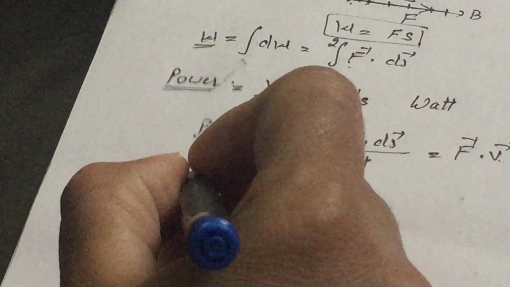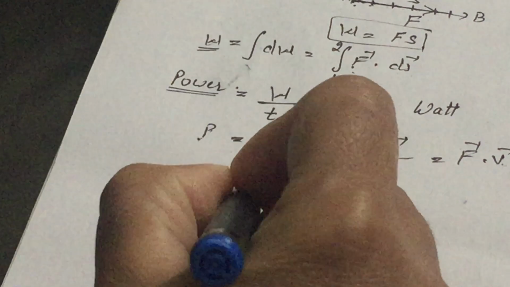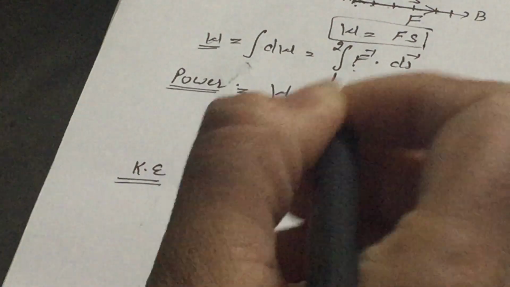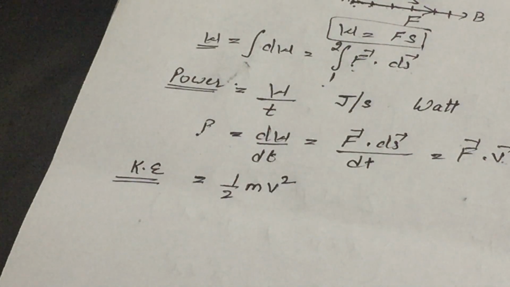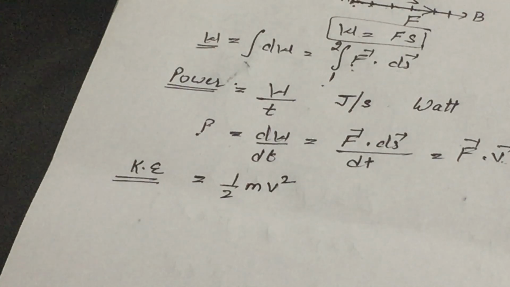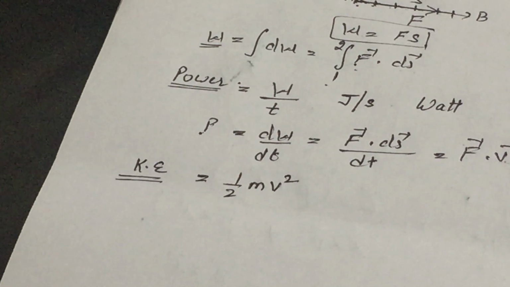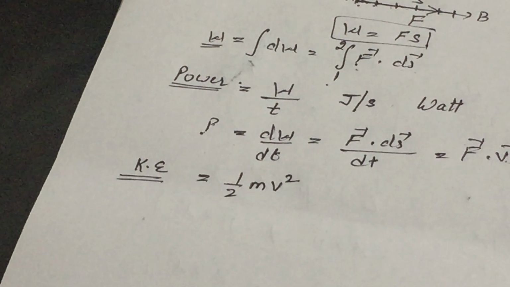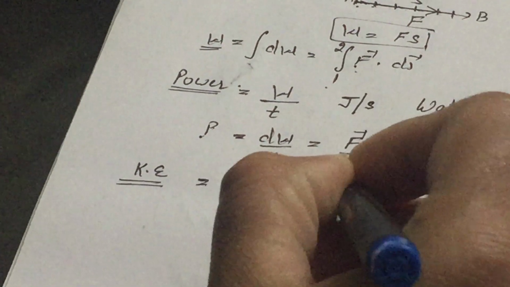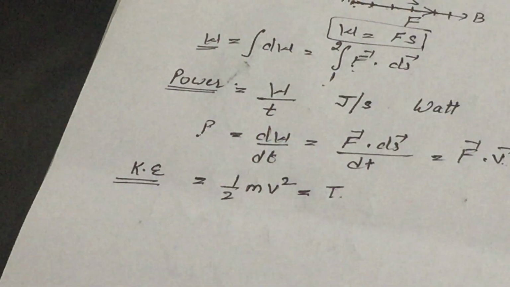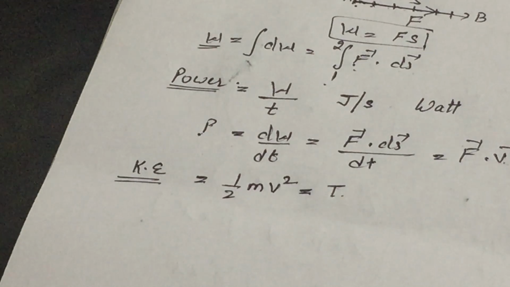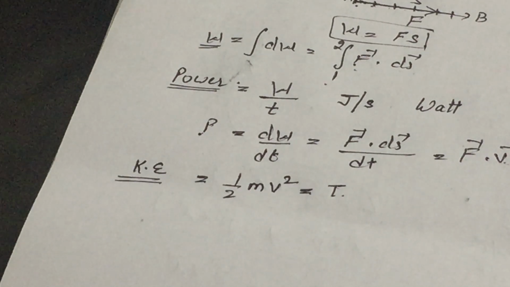Kinetic energy is given by half of mass and square of the velocity. That is the formula: T, or kinetic energy, is equal to half mv square. In many reference books and textbooks, the kinetic energy is indicated by capital T.